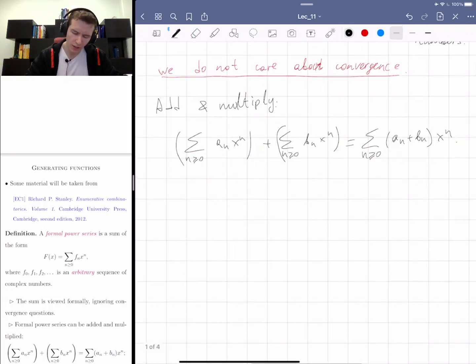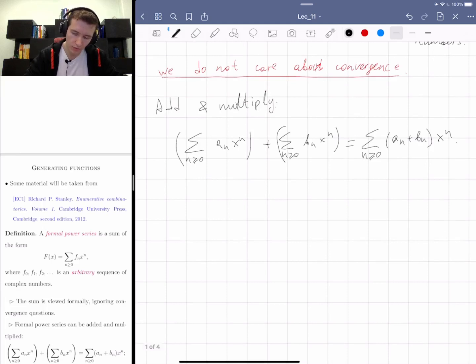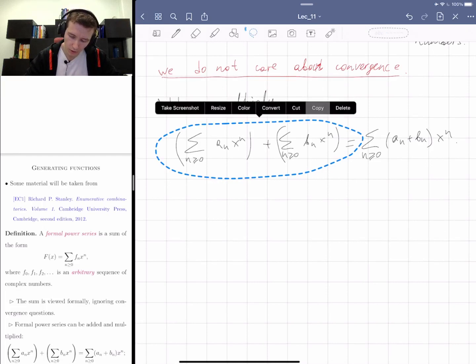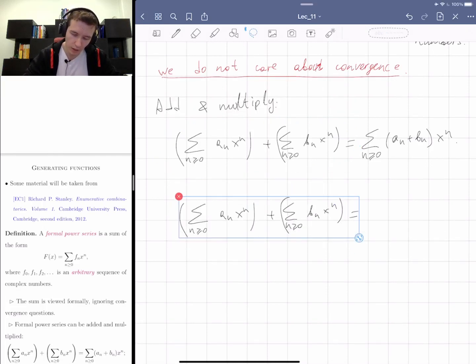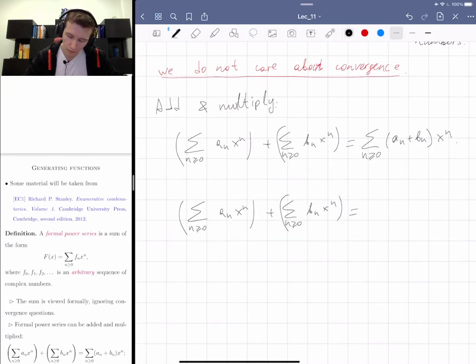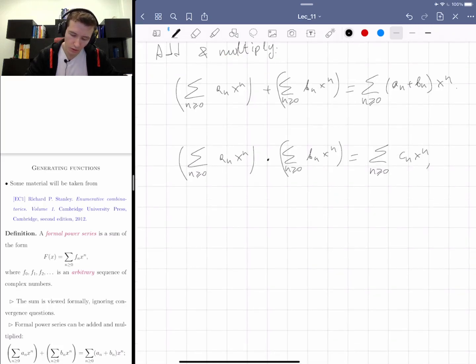For multiplication, it's a little trickier. If I want to multiply two power series, I get another power series, defined again by the usual algebra rules.